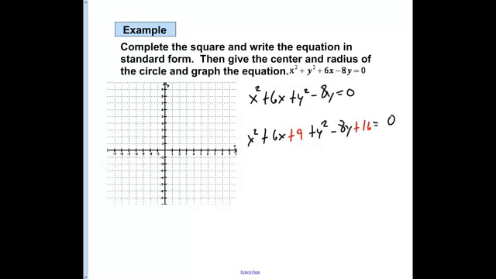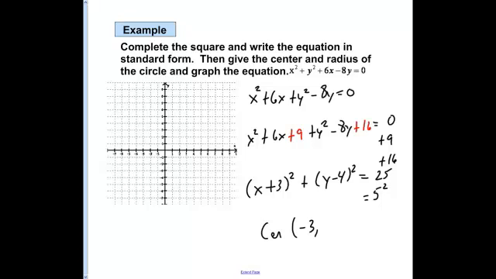And we're going to add that to both sides. So we have 0 plus 9 plus 16. So we'll factor here. This will be x plus 3 quantity squared, and this is going to be y minus 4 quantity squared, and this will be 25, or 5 squared. And so our center is going to equal negative 3 and 4, and our radius will equal 5.